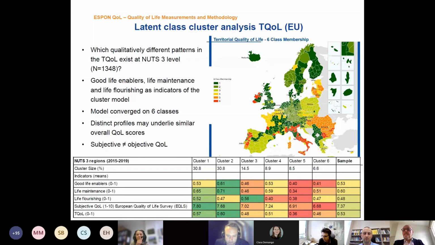So even though the objective conditions are poorer in these regions, people's scores are higher than in the sixth cluster, where the objective conditions are relatively good still, but people score their quality of life as less.